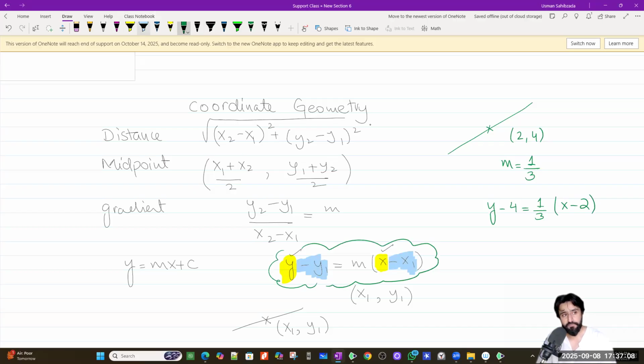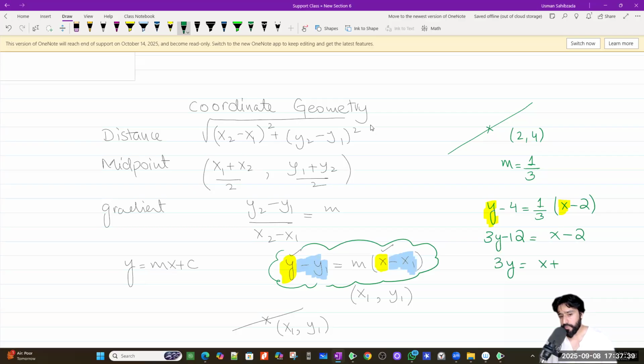Y remains y, x remains x. Only the plugin is in place of the x1 and the y1 and m. Very simple. You cross multiply 3 on the other side. You end up getting 3y minus 12 equals x minus 2. If you don't cross multiply, that's all right as well. You can keep it on one side.